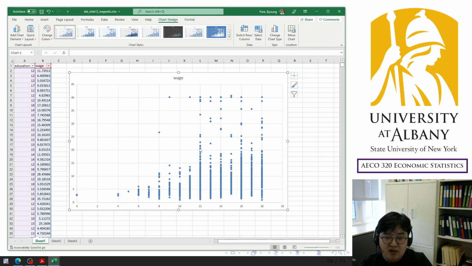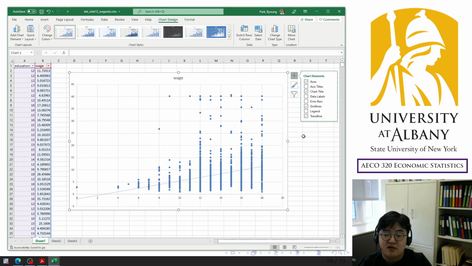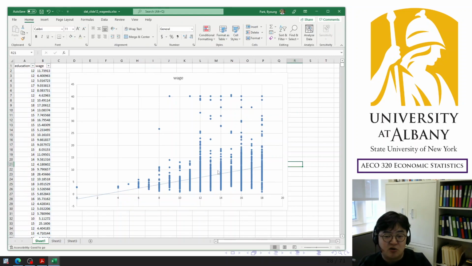So a lot of observations are lined up exactly on 12 or 16. Then let's make a trend line. The trend line is here. Another problem is there are too many observations. There are a lot of dots around here and there, but it is not easy to tell how many observations are there. Anyhow, that is a big problem.